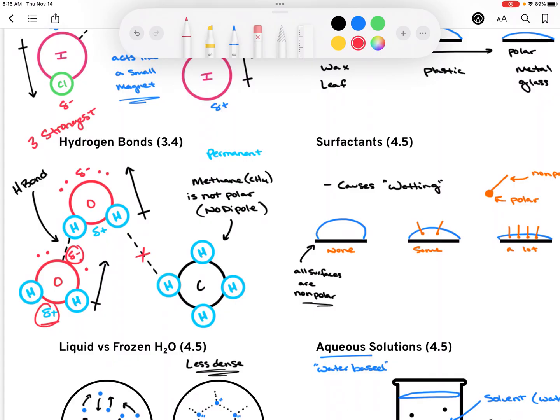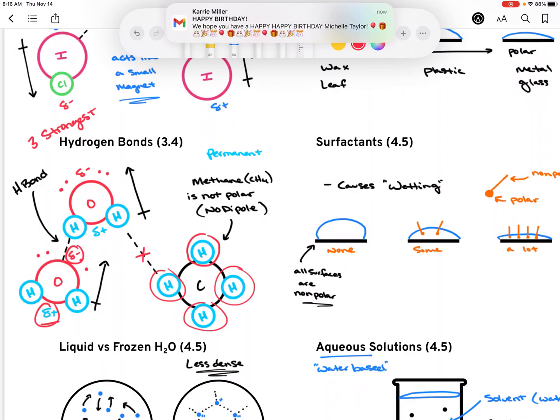Okay, now not all elements that contain hydrogen are going to make hydrogen bonds. For example, this methane molecule, okay, it's actually neutral. This carbon is equally sharing the charges around the molecule, and this can be quite challenging because you have to think about molecules in a three-dimensional shape.